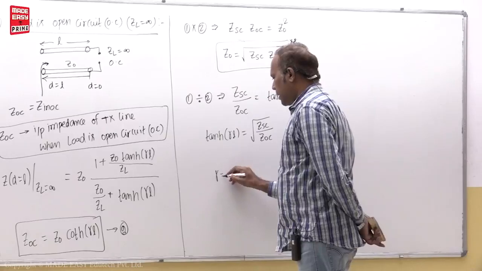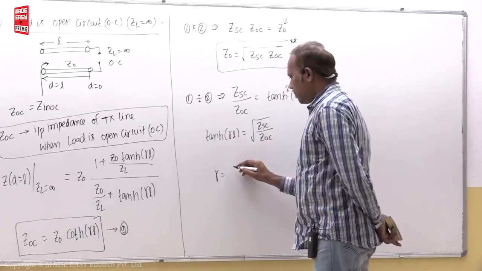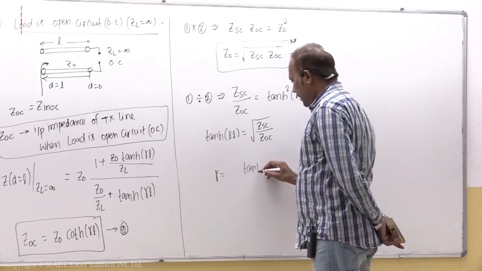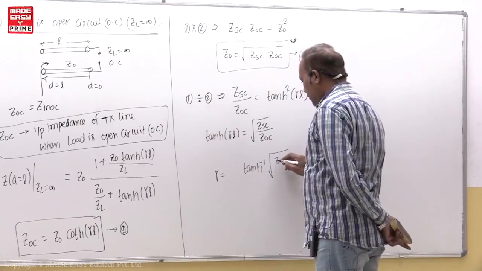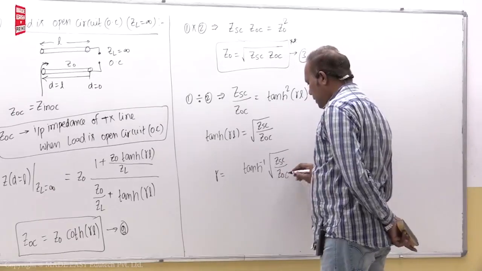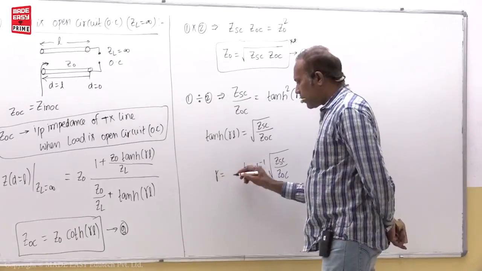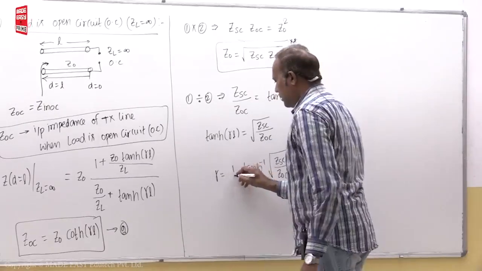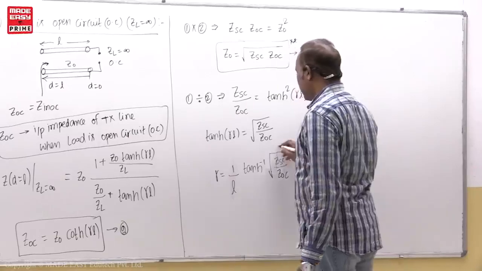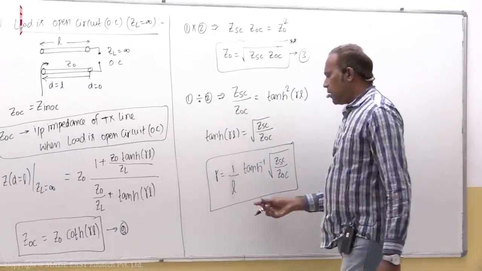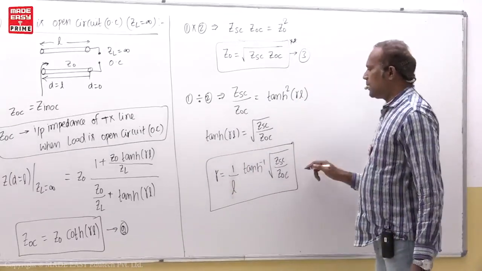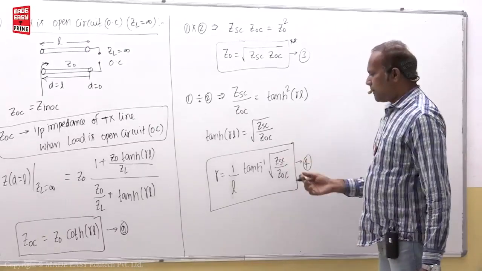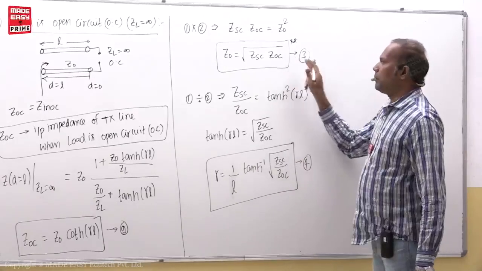From this, γL is equal to tanh inverse of root of ZSC by ZOC. Now we want γ, so you take 1 by L. So this is the formula for γ if you know length and ZSC and ZOC. This is equation 4. It is not that important, but this is a very important formula.